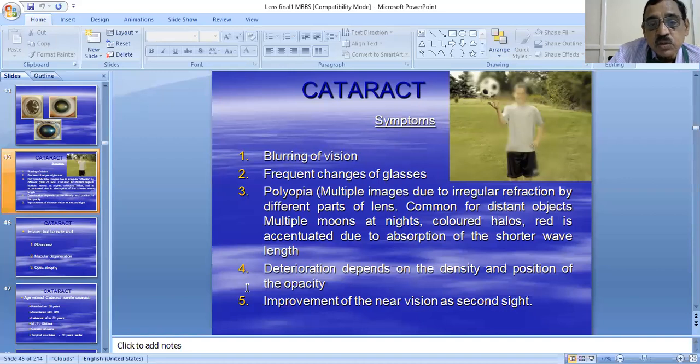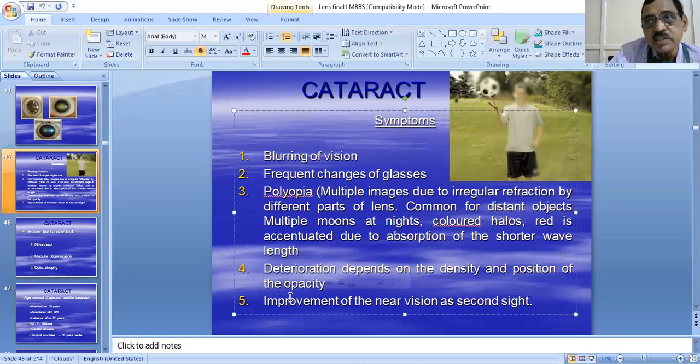Okay. So blurring of vision, gradual, progressive, painless loss of vision is the symptom with which cataractous patients present. There are a lot of other causes which cause gradual, painless loss of vision, such as corneal opacity, refractive errors, primary open-angle glaucoma, and age-related macular degeneration.